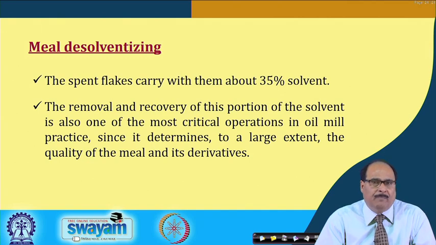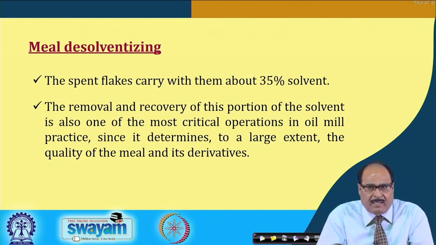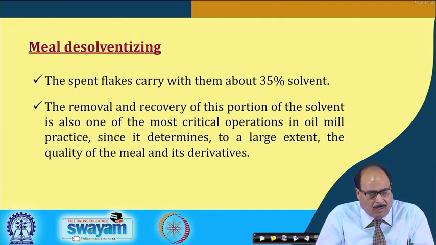So, it becomes a very important operation that this solvent should be recovered from the meal, and this solvent can be recycled and reused, and the meal can be used for different food purposes. So, removal and recovery of the solvent is one of the most crucial operations in an oil mill.